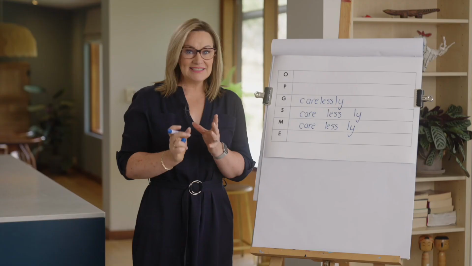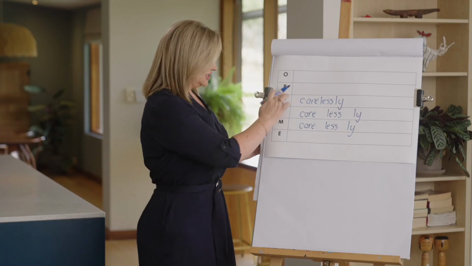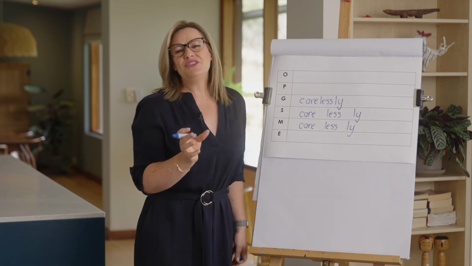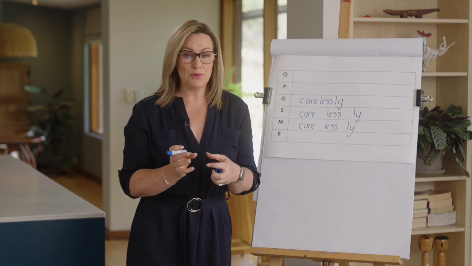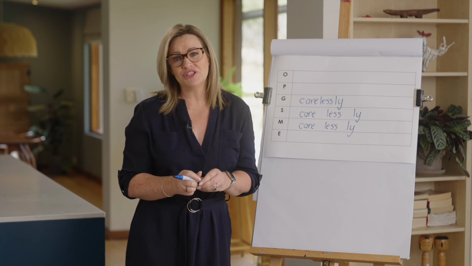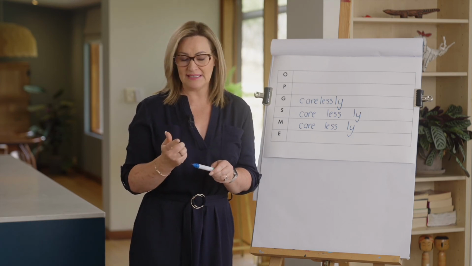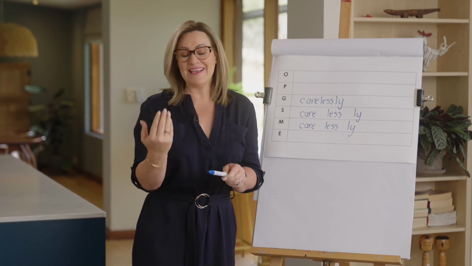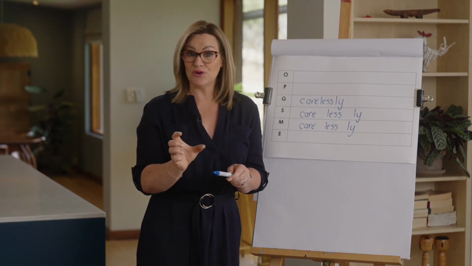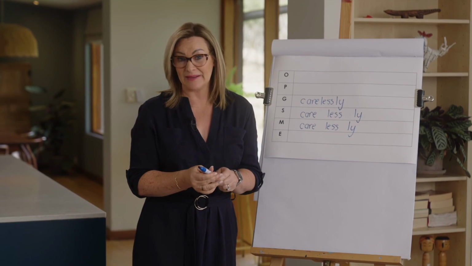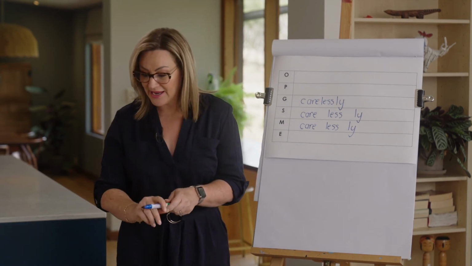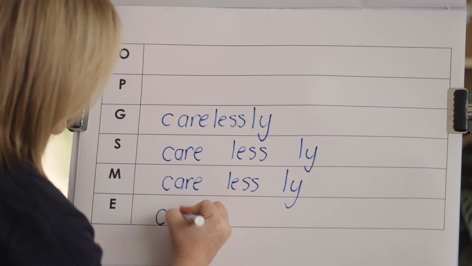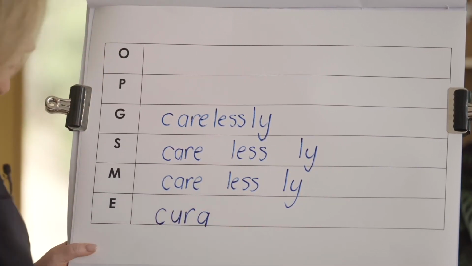All right, the last little part to this procedure, this routine, is the etymology. Now, sometimes etymology is really simple. Sometimes etymology is quite complicated, but the more we know about a word, the easier it is for us to use the word and understand its spelling. Now, this word here comes from an old Latin word, cura.